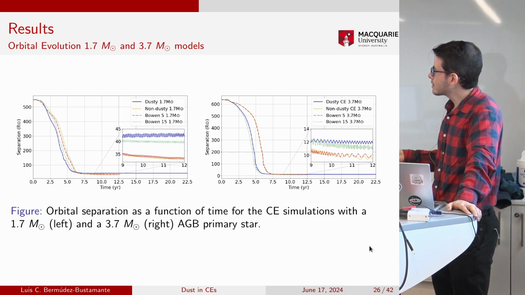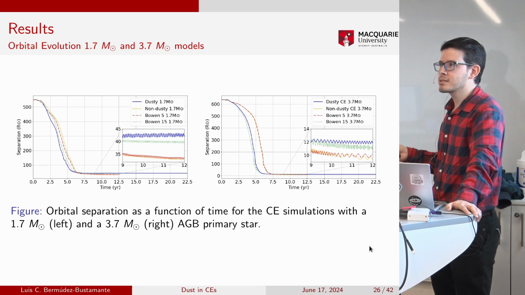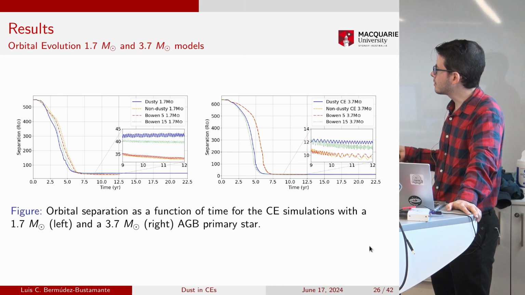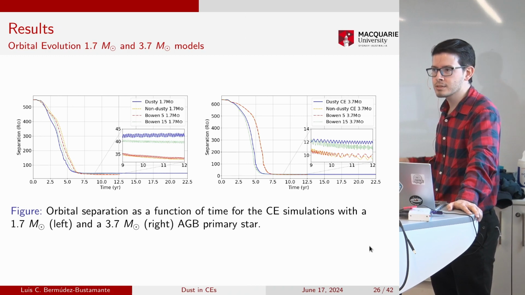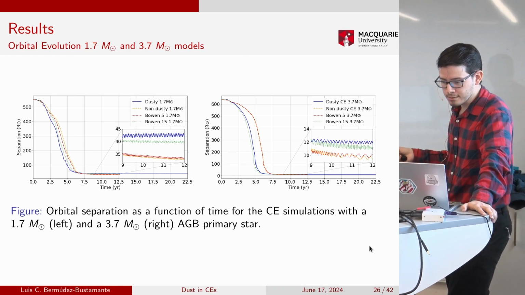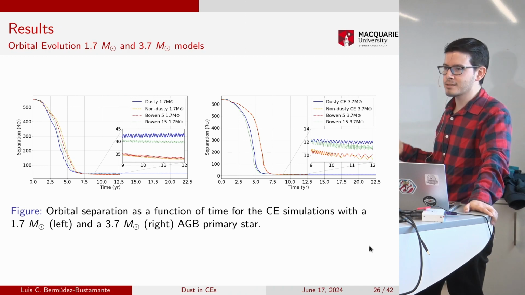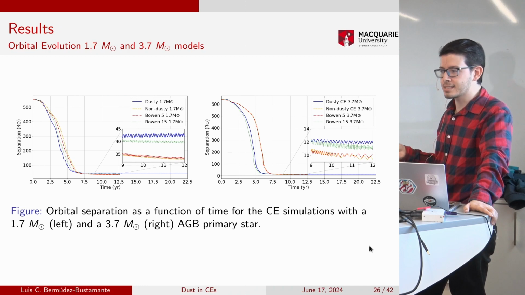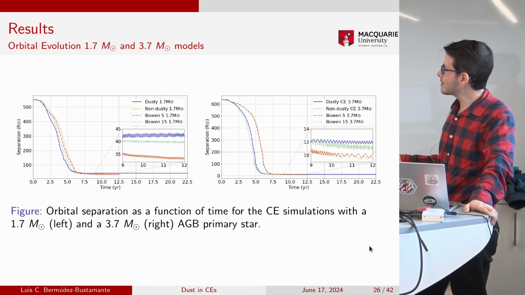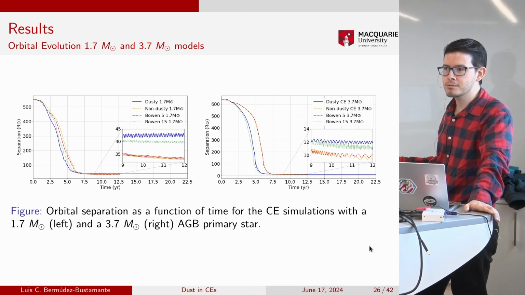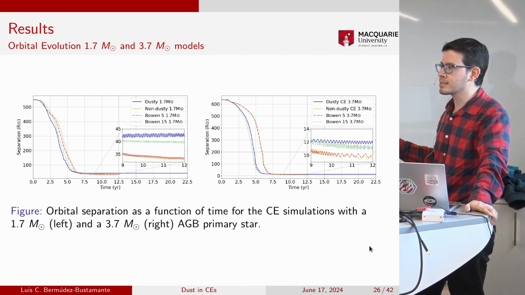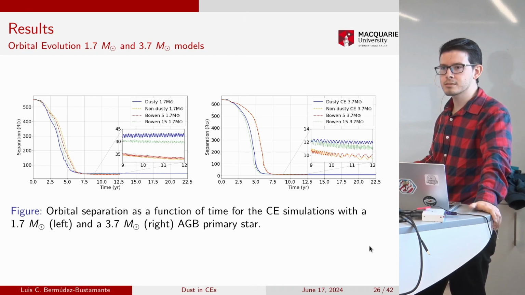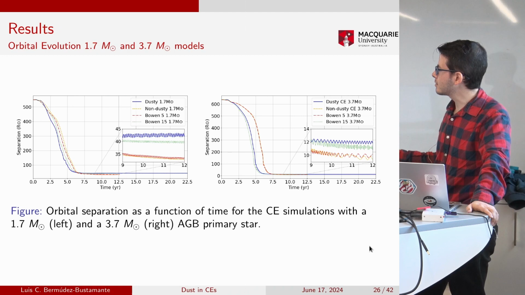Despite what you can see here, dust is not responsible for this change in the orbital evolution, and that is because in the radiative acceleration, we are also considering the gas opacity, and it is small, but it seems that in the early phases of the common envelope, the system is sensitive to the initial conditions.